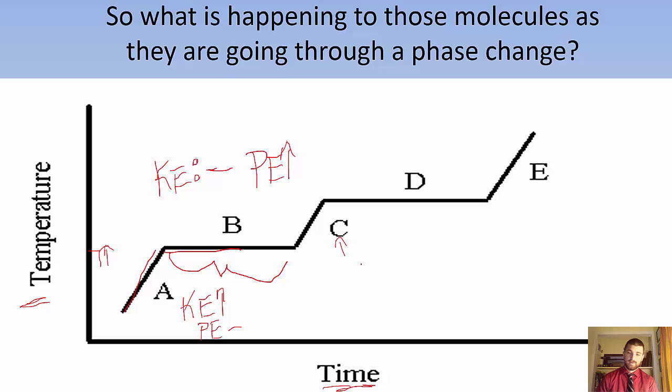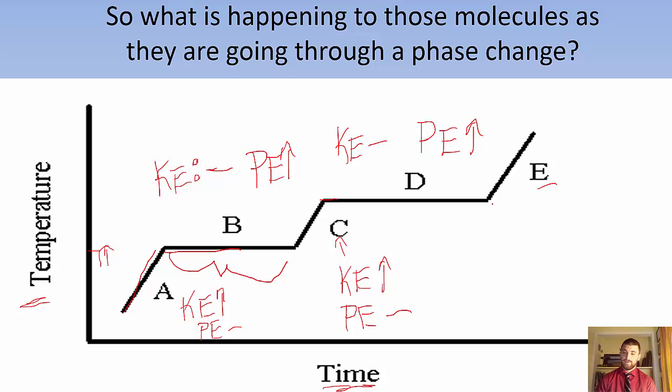For C, since temperature is changing, kinetic energy is changing, and the potential energy is staying the same. D, the temperature is staying constant, so kinetic energy doesn't change, but the potential energy goes up. And in section E, since we have an increase in temperature, we know that's a change in kinetic energy, and the potential energy is staying the same.